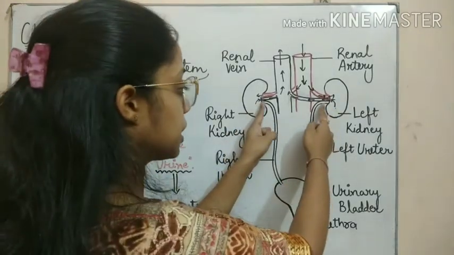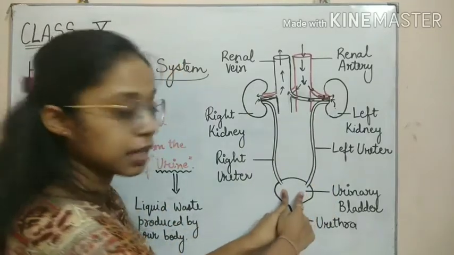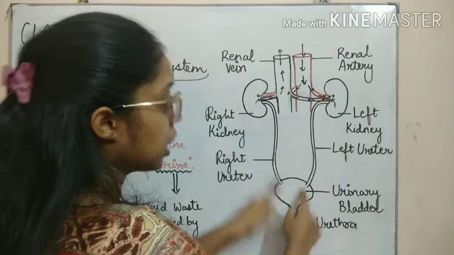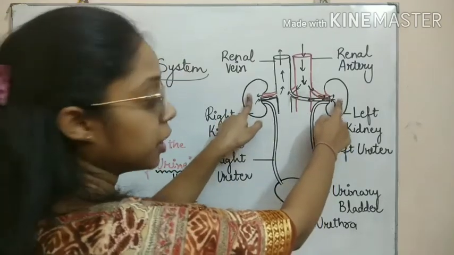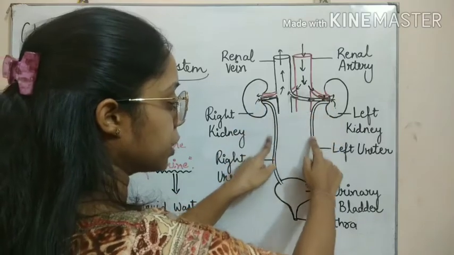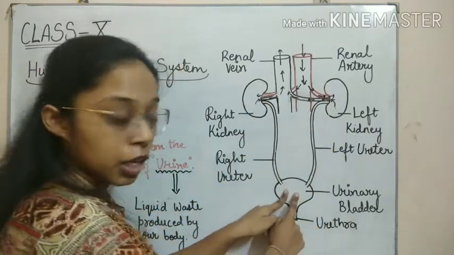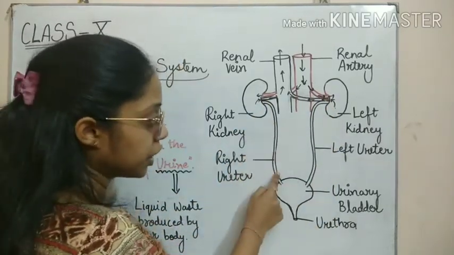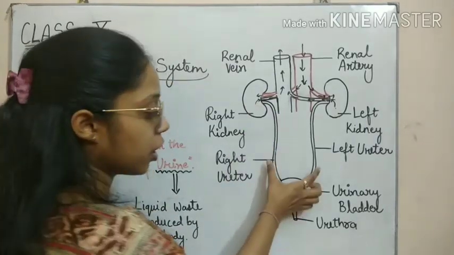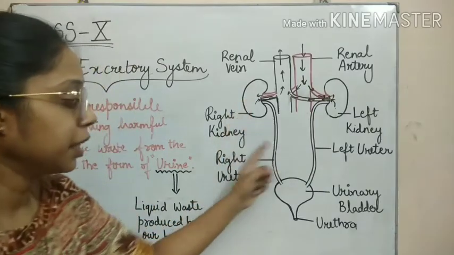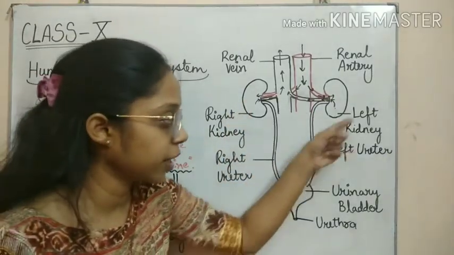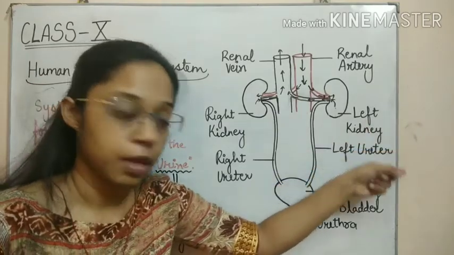From these kidneys, if you can see, these are the pipes which are coming out of the kidney. Urine is formed here. It is transported out of the kidneys to the urinary bladder. So these ureters connect the kidneys and the urinary bladder. There are two ureters: the one from the right kidney is called the right ureter, and respectively from the left kidney it is the left ureter.